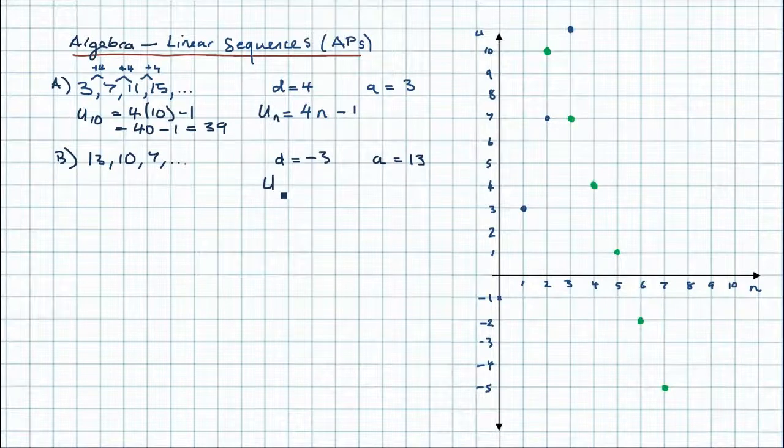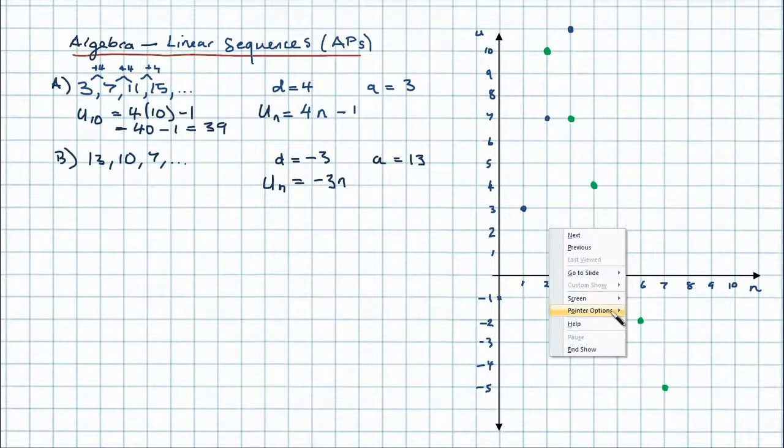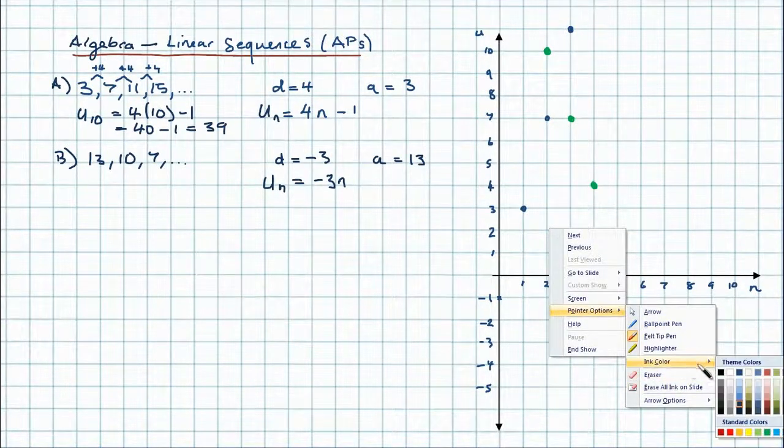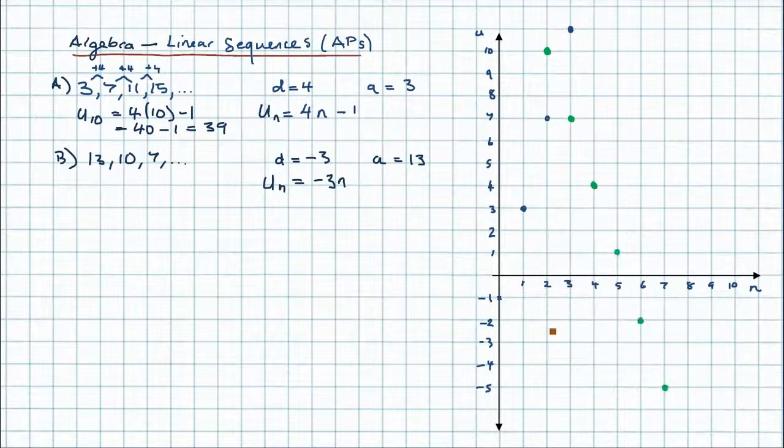So our nth term would be minus 3n, because the common difference has got to be our coefficient of n. And if the first term was minus 3n, and n was 1, then minus 3 would be down here. So let's indicate that down here. So minus 3 times 1 would be down here.